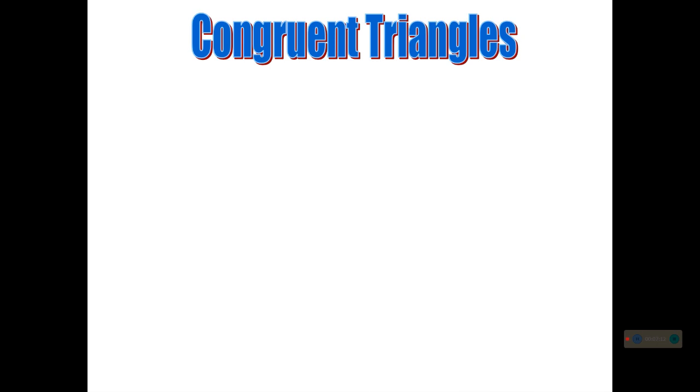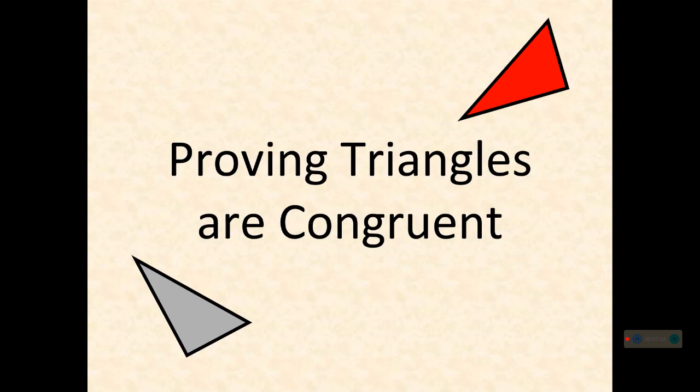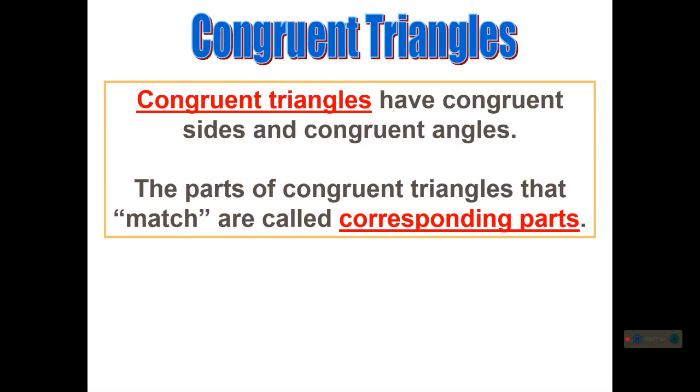Okay? We have discussed that congruent triangles are those triangles that have congruent sides and congruent angles. So, the parts of congruent triangles that match are called corresponding parts.